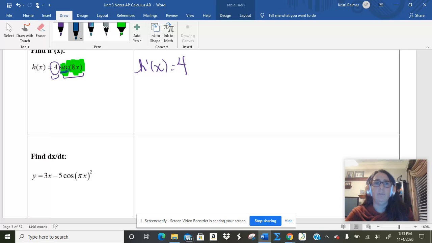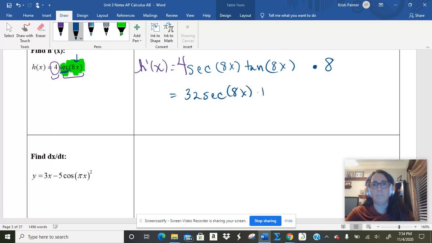So I'm going to do derivative of the outside, and derivative of secant is secant tangent, leaving the inside alone. So derivative of the outside, leaving the inside alone, times the derivative of the inside. There we go.